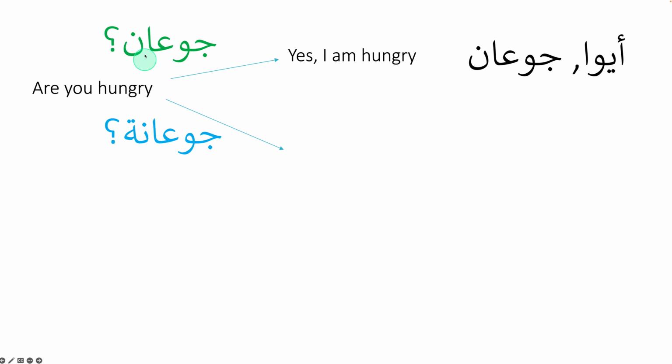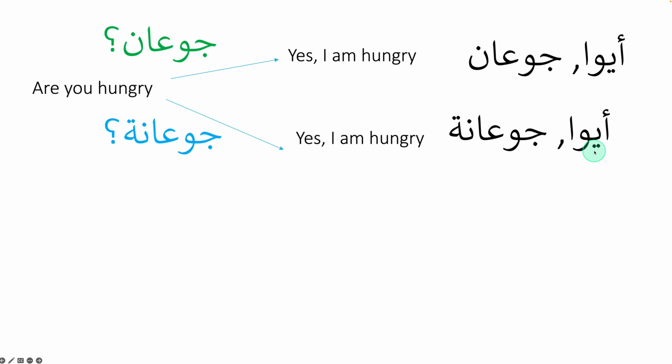The difference between the two is that the feminine has a feminine ending, the equivalent of the "a" in English. So جوعانة, and she would reply أيوة, جوعانة. You use the same form for asking and answering.